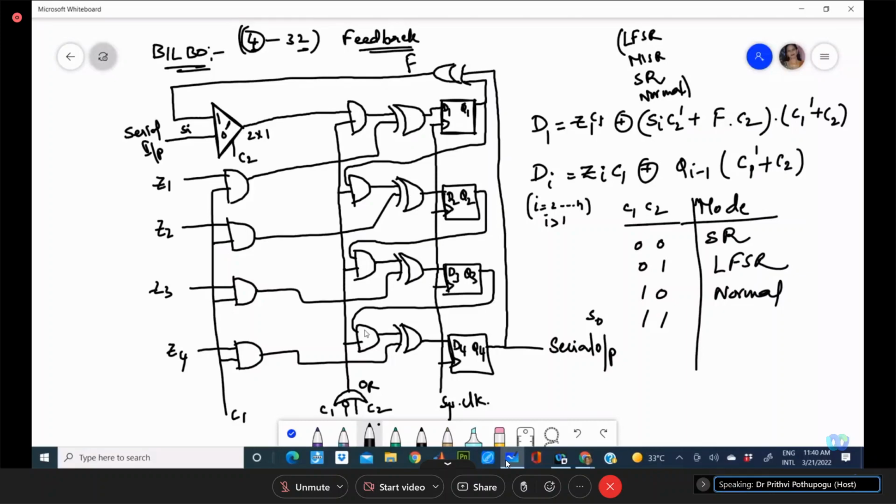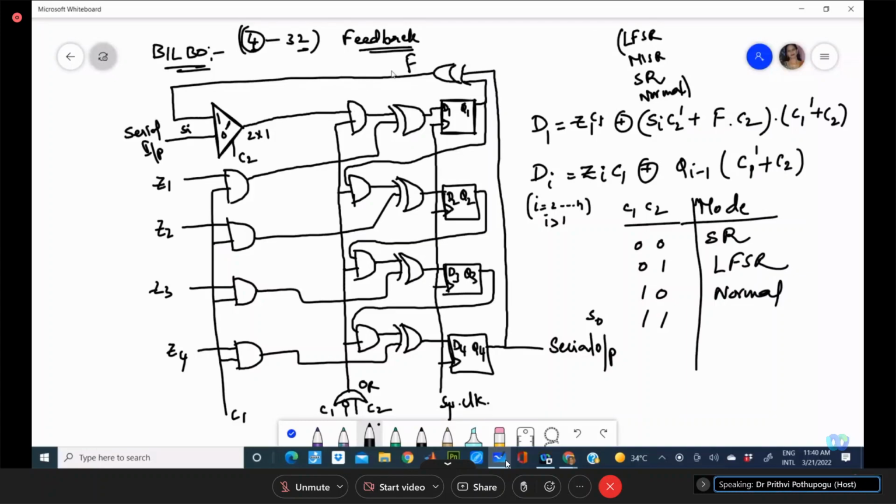Ma'am, I have one question. In the OR gate at the bottom, if C1 is 1 and C2 is 0, then the OR output is 0, right? Yes, this is 0. So if this 0 is fed into the AND gate, then the serial input won't matter, right, since it won't get any feedback?